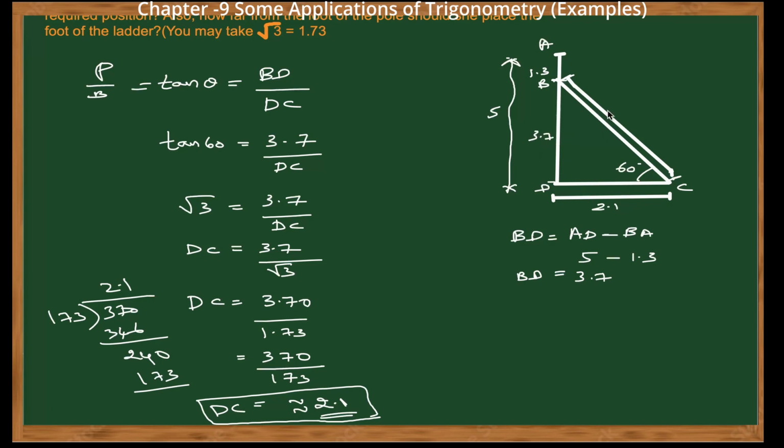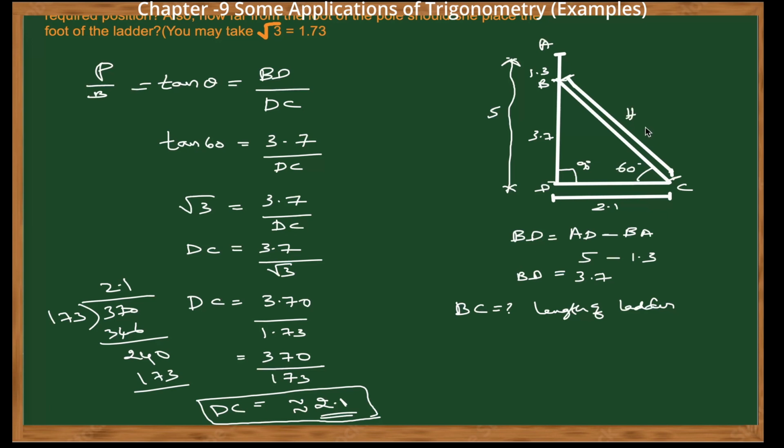Now the question is this ladder. We need to find the length of this ladder, which is nothing but BC. How do we find it? Here, if you see, this is our 90 degrees, so this becomes our hypotenuse.